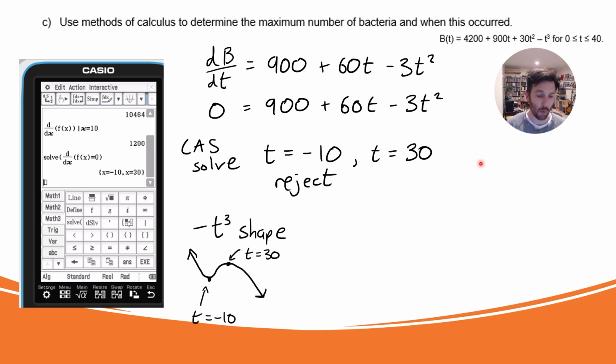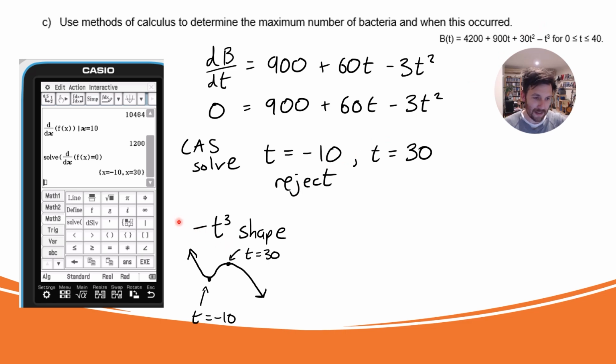Okay, now part of this idea of using the methods of calculus is justifying that this stationary point that we've got here is a maximum and is going to actually allow us to answer this question. So there's two main ways that we'll do that in year 11. One is using the sign diagram that we had in the previous video. The other way is to use a diagram of the actual function itself. So what I've drawn here is a negative cubic, but I've called it t to the power 3 because it's in the context of the question.